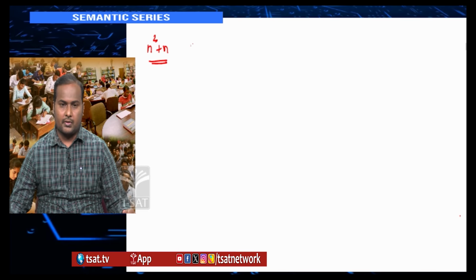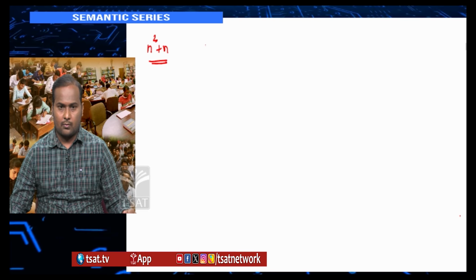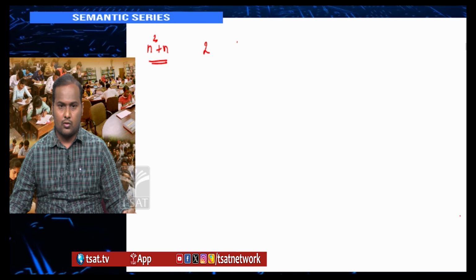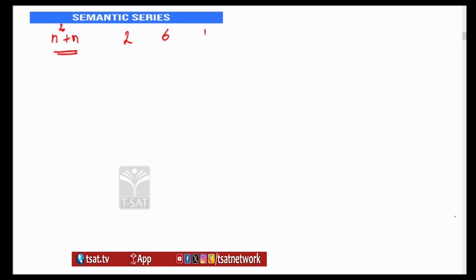See how this pattern appears, that is 1 square plus 1, 2 square plus 2, 3 square plus 3, 4 square plus 4, 5 square plus 5, and if it asks the next one, that is 6 square plus 6, your answer will be 42. But what is important is that you need to identify the pattern.